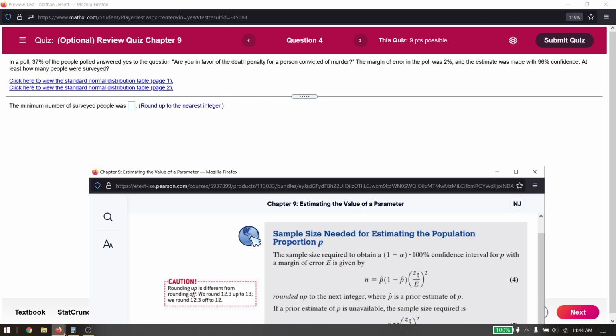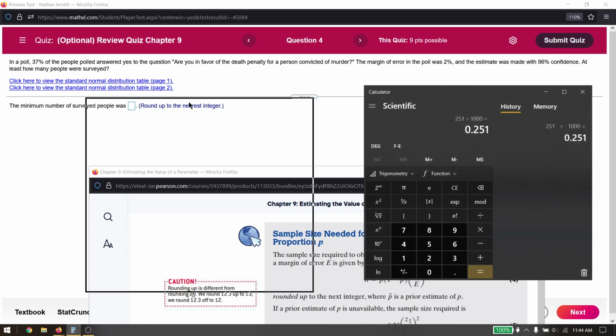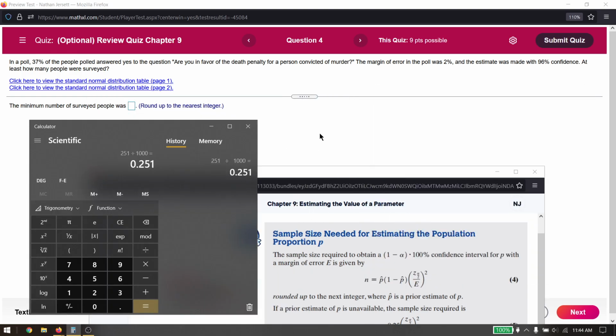We have p hat, which is going to be 0.37 times 1 minus p hat, which is 0.63. And this is multiplying z alpha over 2 divided by E. Now the margin of error was 2%, so 0.02 is the divisor.